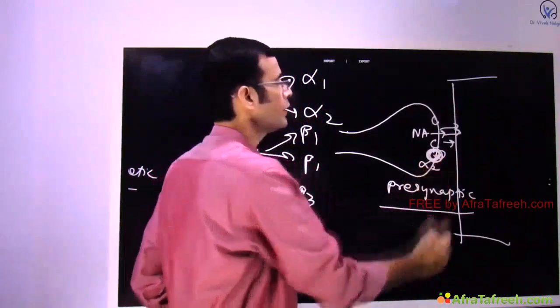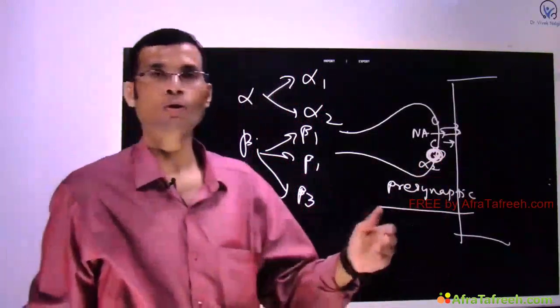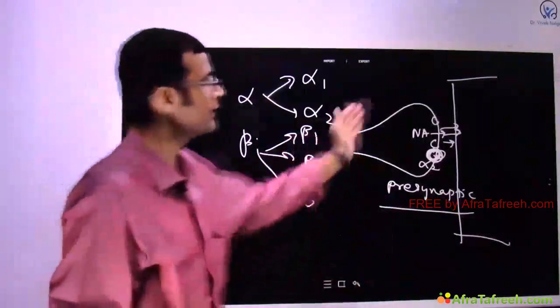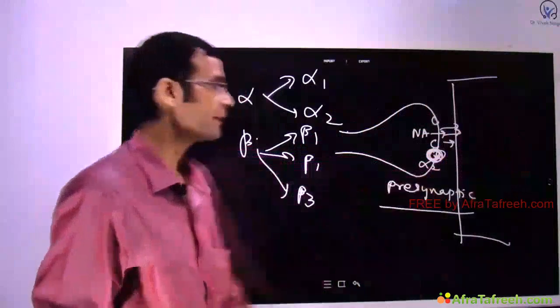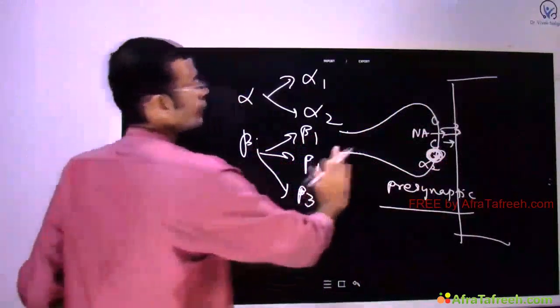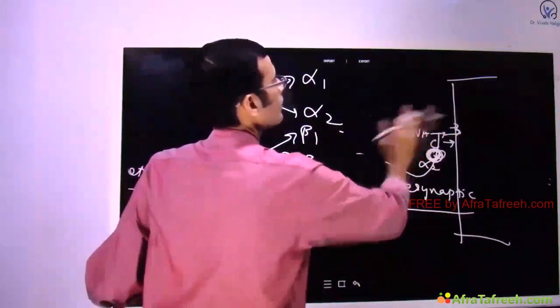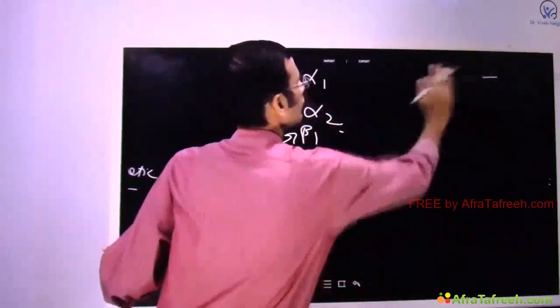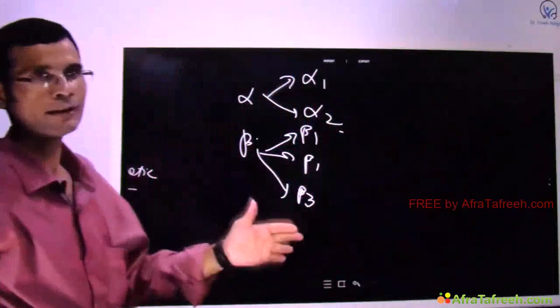So alpha 2 is a presynaptic autoreceptor which will modulate the further release of noradrenaline from the nerve ending. Whereas alpha 1 receptors are present in the organs, and they exert the effect of noradrenaline and adrenaline.